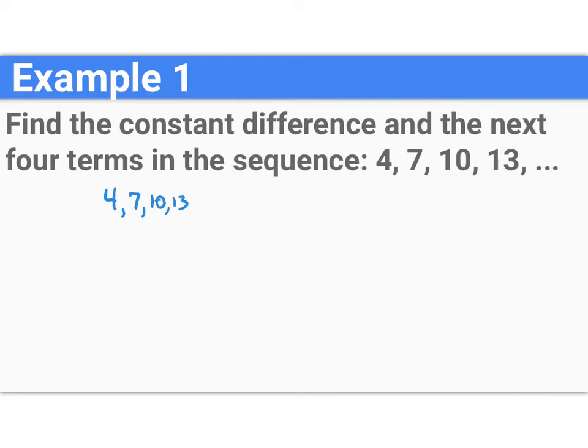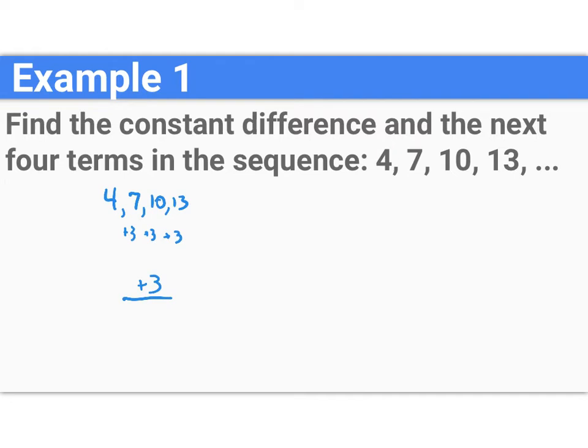So we can see that this thing is going up by 3. We started at 4 and we added 3, we added 3, and we added 3. So we know that whatever is going on, it is adding 3. So that is what we would call our constant of difference, plus 3.